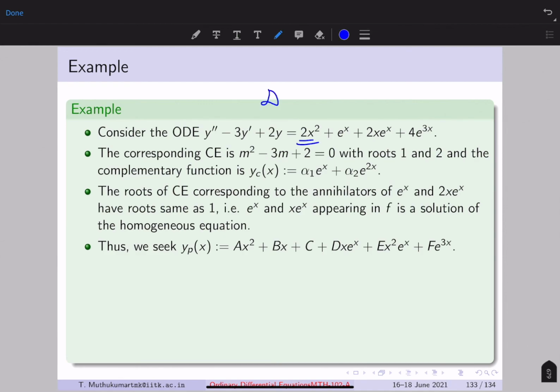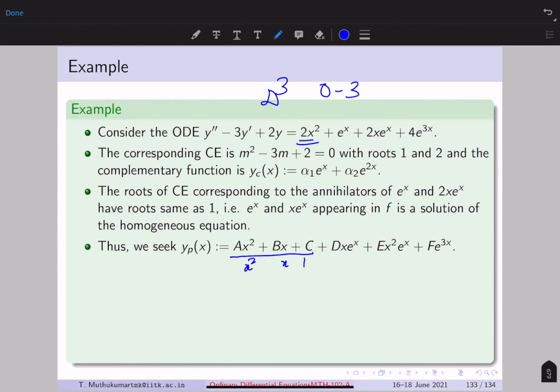Annihilator of this is d cube, right? So this has 0 roots with multiplicity 3, and that gives you 1, x, x squared. E power 0 is 1, so 1, x, x squared. So this gives you this term.